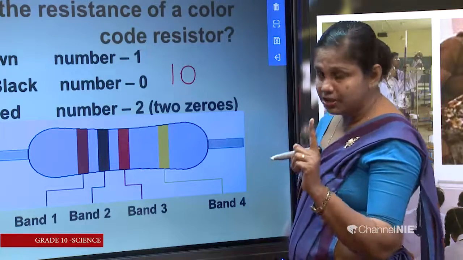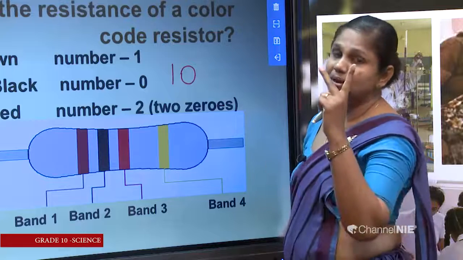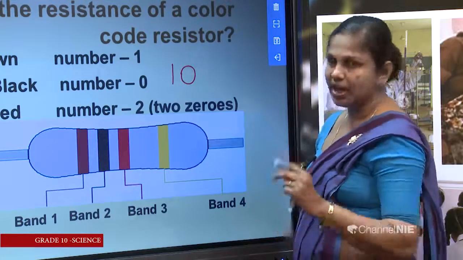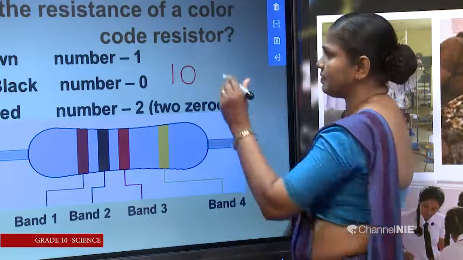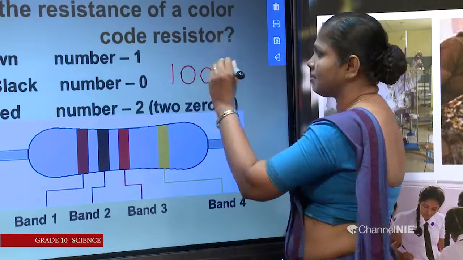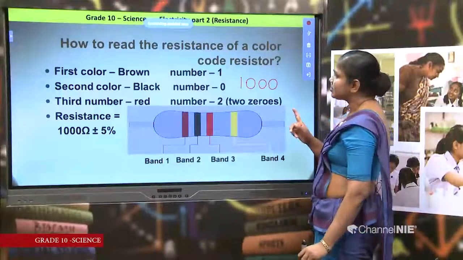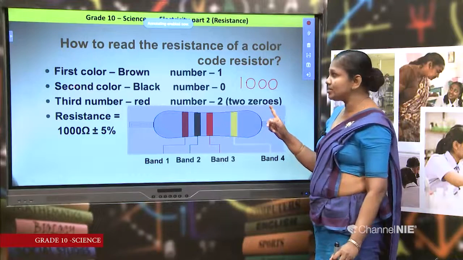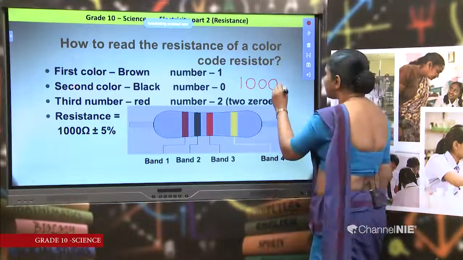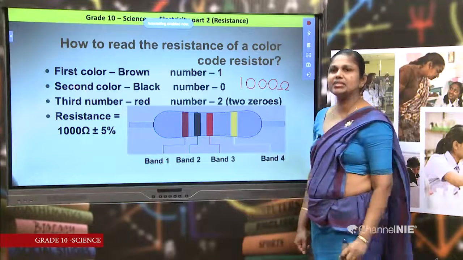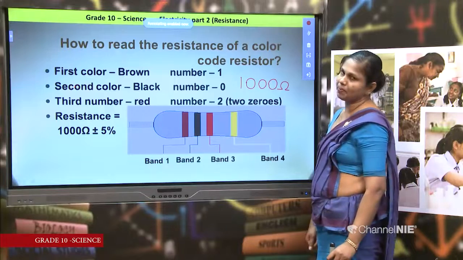Instead of writing 2, we must put an equal number of zeros. The number is 2, so we put 2 zeros at the end. Now we get 1000. That means the value of this particular resistor is 1000 ohm.